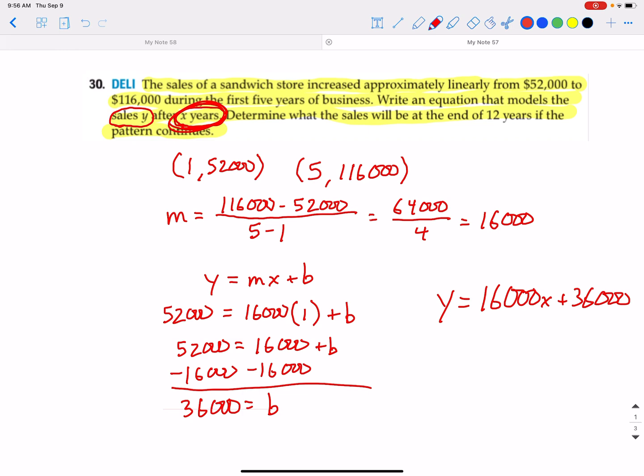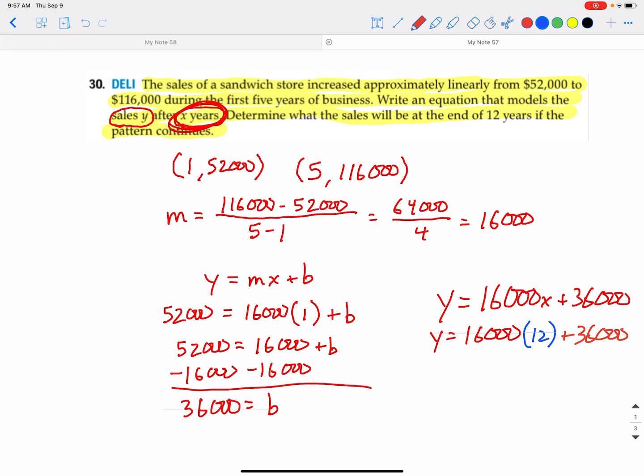So to figure out the amount of sales after 12 years, we're going to take our newly found equation and replace the x with 12 for 12 years. 16,000 times 12 plus 36,000.